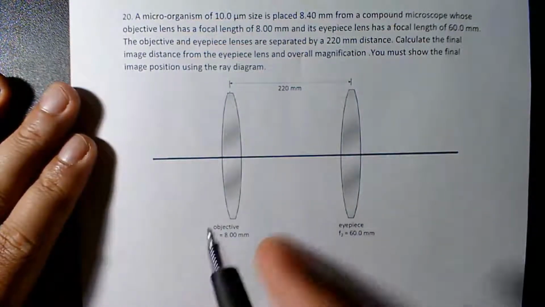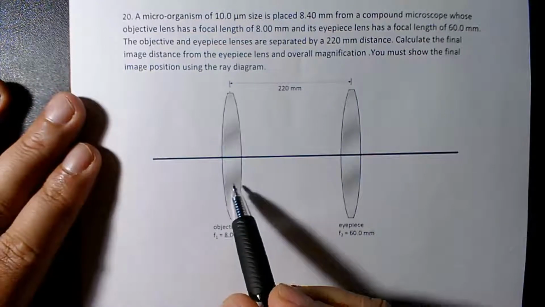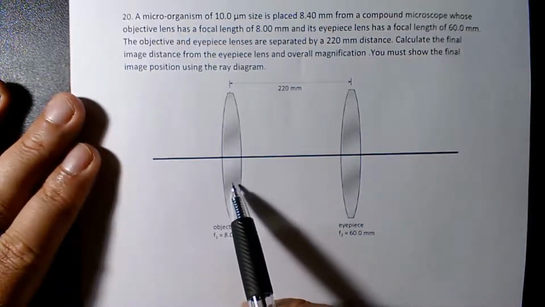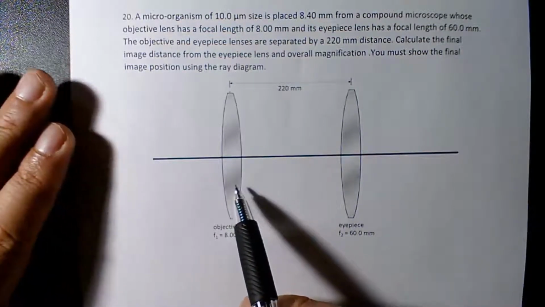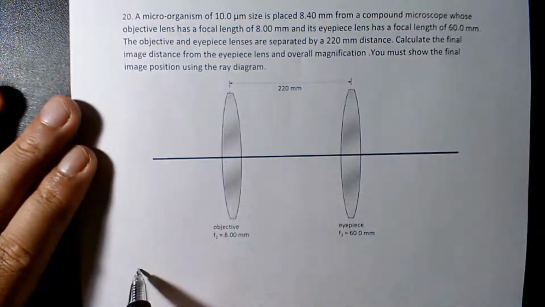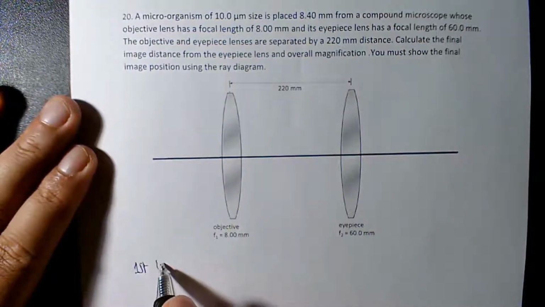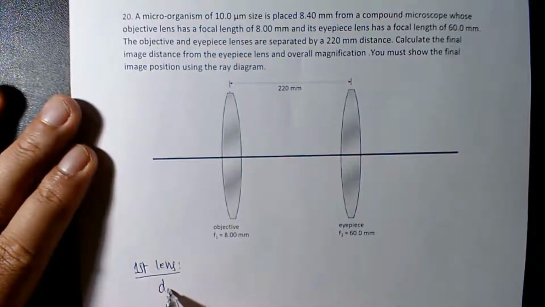First, we need to figure out the image position formed by the first lens, so we're going to solve that separately. For the first lens, the objective lens, the object distance is 8.4 millimeters, and its focal length is 8 millimeters, positive because it's a converging lens.